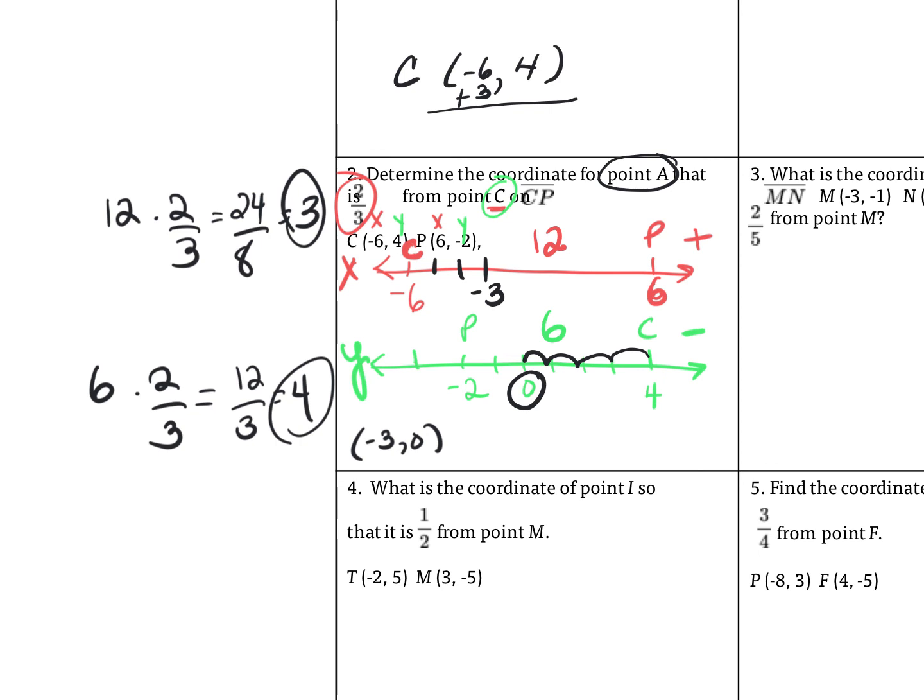So that's negative. So I actually have to subtract my 4 units. So that's how I get (-3, 0) if you were adding and subtracting. Whether you add or subtract these fractional units depends on whether from your starting point to your end point is becoming positive or becoming negative.